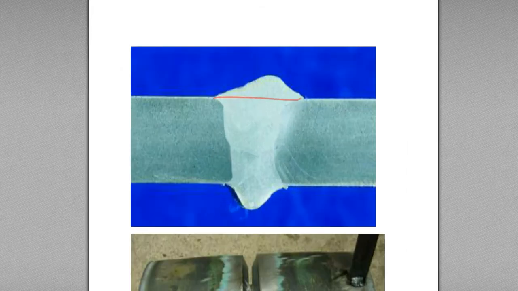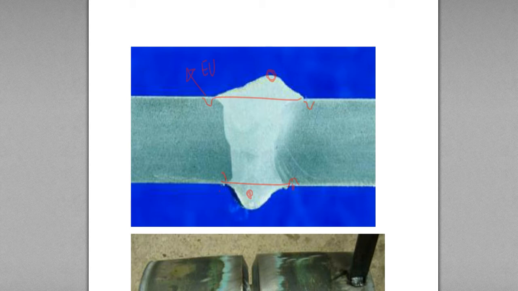So this is external reinforcement, and if you have a thickness reduction like here and here, this is external undercut, EU. And this is internal reinforcement, and if you have a thickness reduction at the toe, between the weld toe and base metal, this is undercut.